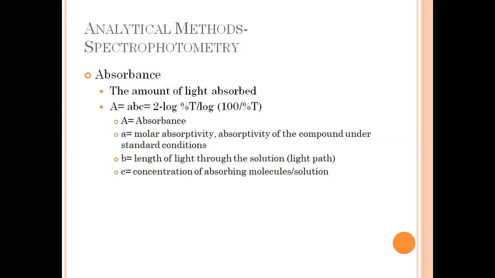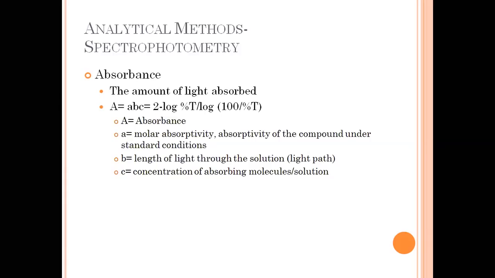So speaking of absorbance, as I mentioned, this is the amount of light absorbed by the solution. And absorbance is equal to small letter a, b, and c, where capital A stands for absorbance. Small letter a stands for molar absorptivity, or the absorptivity of the compound under standard conditions. b is the length of light through the solution, or simply known as the light path.